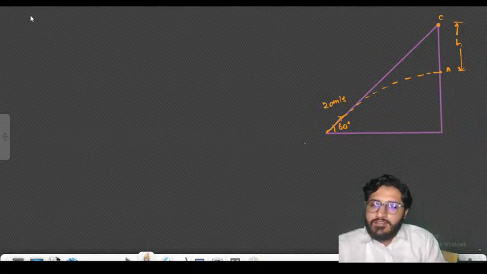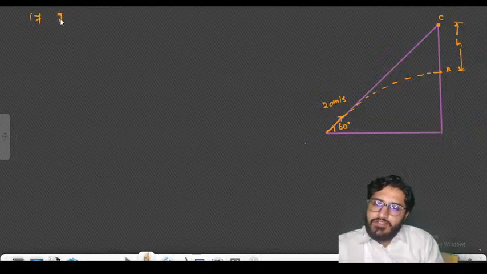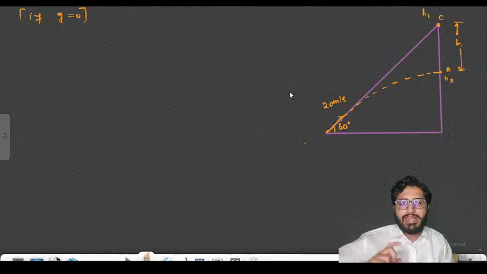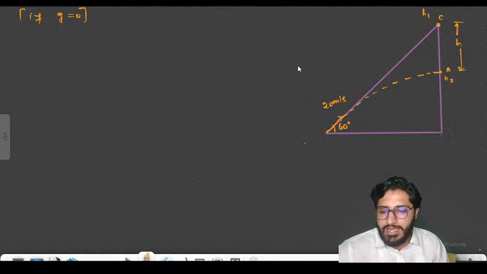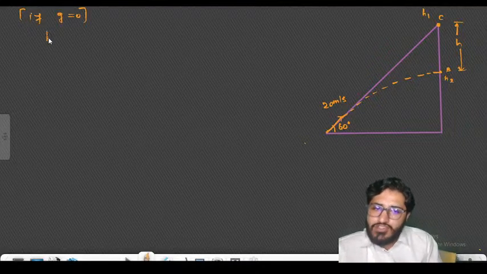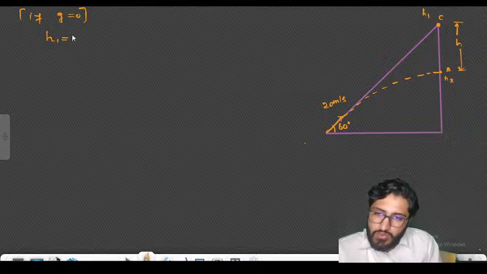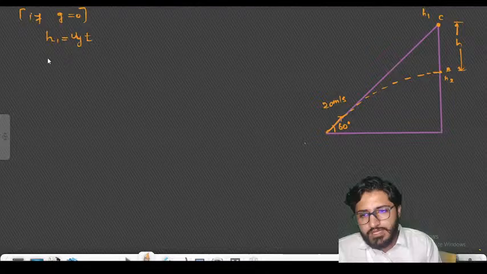Look, if my gravity is 0, I can write height is h1, this height is h2. If my gravity is 0, so what I can write, h equals ut minus 1 half of gt square. G is 0, so I can write h1 equals to uy multiplied with t. Done.